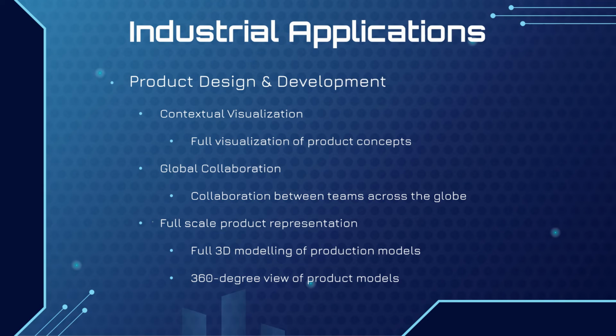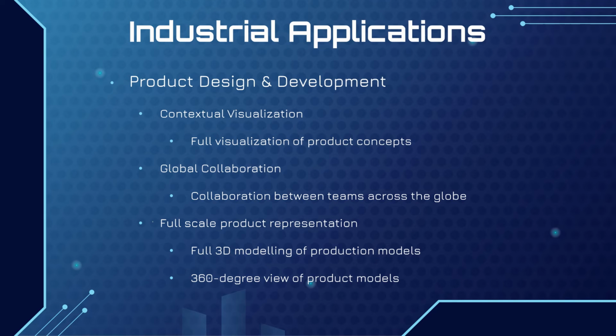So, full-scale product representation is another benefit of using augmented reality for product design and development. Full 3D modeling of production models basically gives people the ability to look at the model prior to actually manufacturing it. Manufacturing can be a pretty expensive and extensive process, and this allows for the ability to visualize it wholly before you actually go into production.